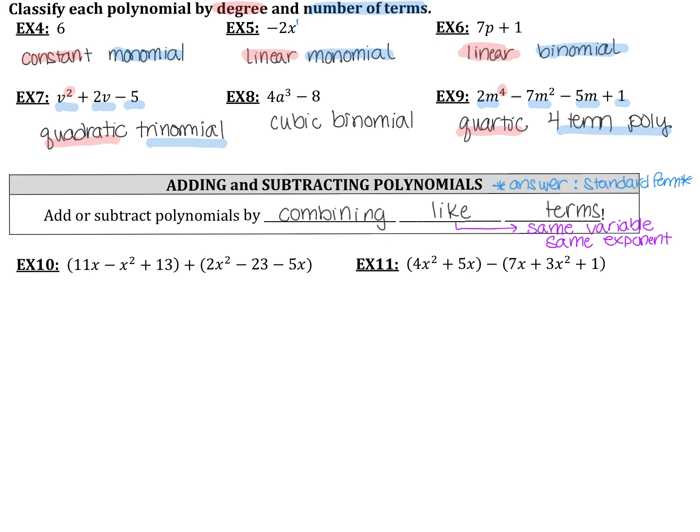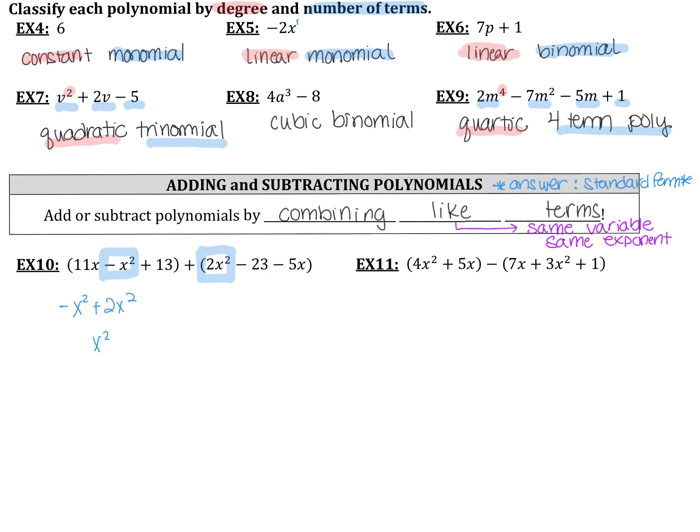Knowing that I want my answer in standard form, the first thing I'm going to do is find my highest exponents. And I see I have a negative x squared and a positive 2x squared. So the first thing I'm going to do is add those two together. Negative x squared plus 2x squared, combining those together, I get a positive x squared.